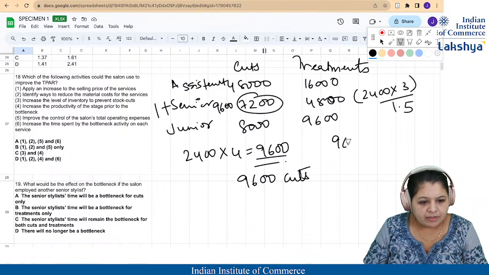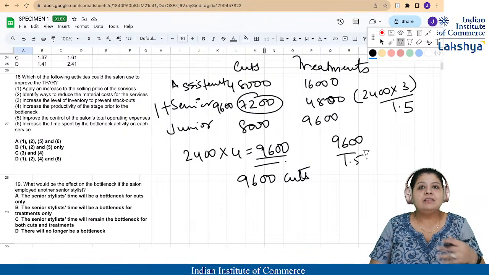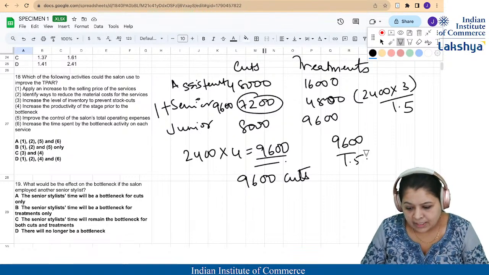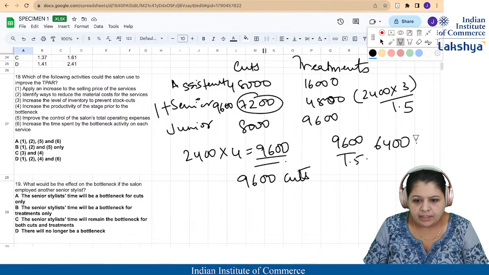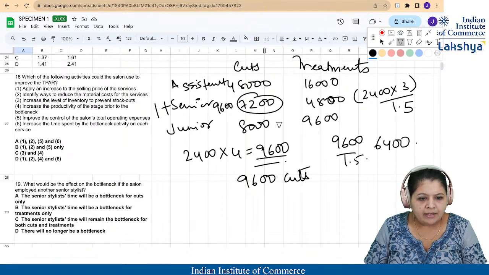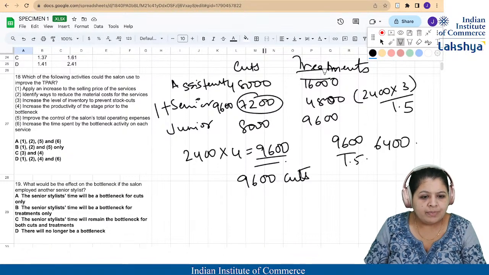Now, when you have 9,600 here and you divide it by 1.5, that is where you are going to increase the amount of cuts that can be done, right? So, if we talk about the cuts, the treatments, it is 6,400, right? So then again, the bottleneck still remains, but it remains for the treatments only.